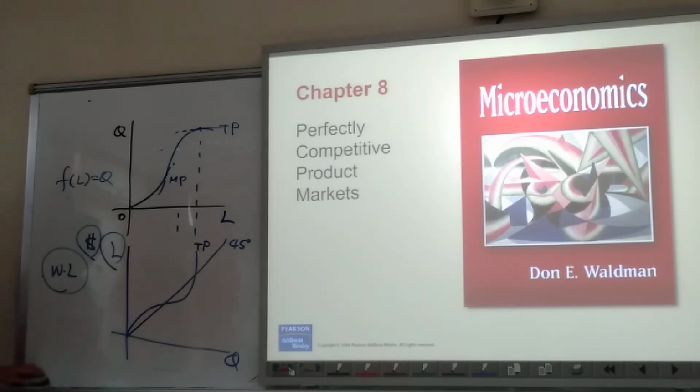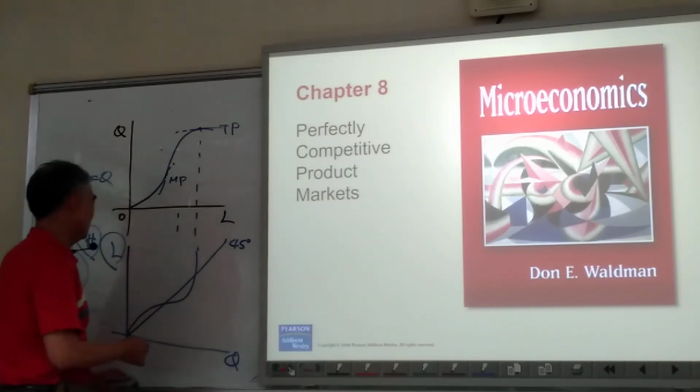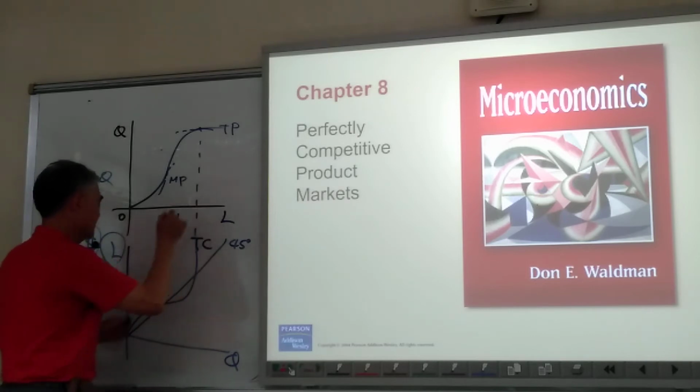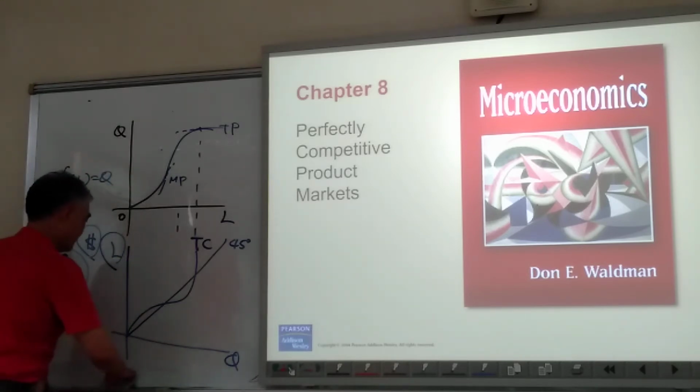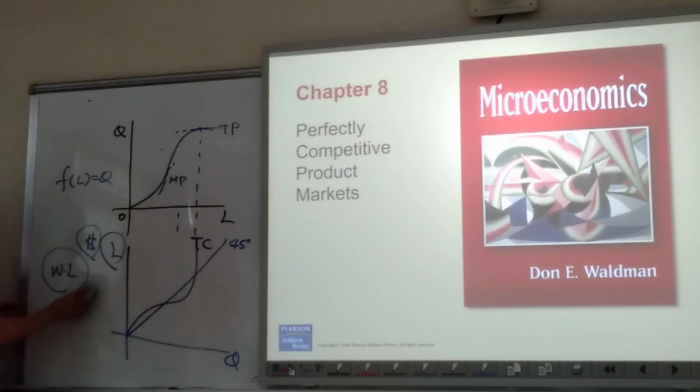So now this is no longer a total product curve, but a total cost curve, okay? So now it becomes a total cost curve. Okay, questions? But suppose we have production, we have short term and long term, right? The same thing here. I'm going to erase all this and do that again. Questions? Okay.